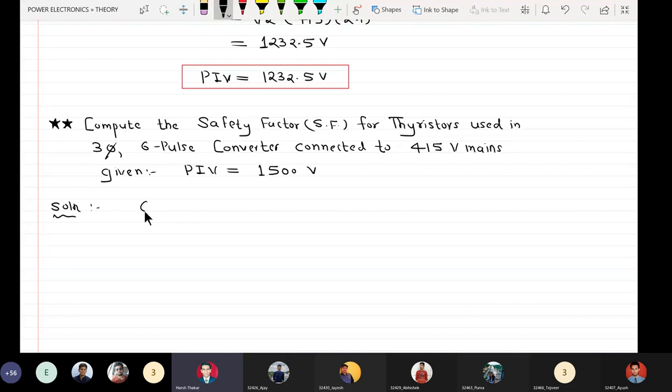Solution: given PIV is 1500 volts, V in is 450 volts, safety factor is unknown.